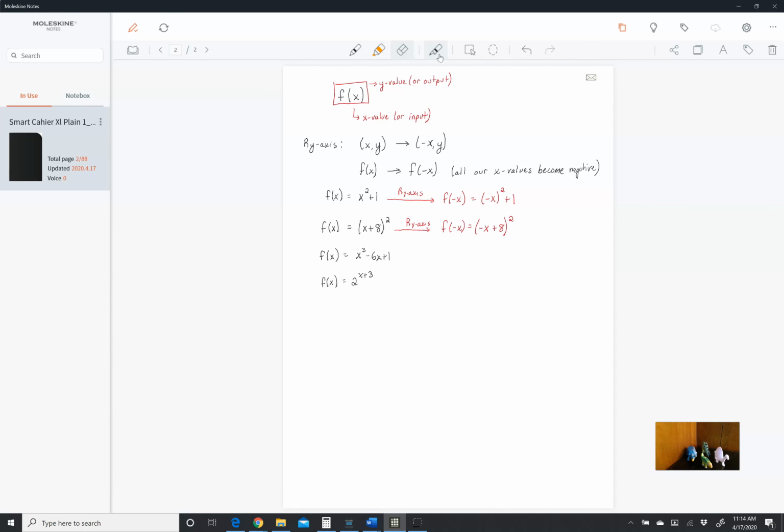So we'll do an exponential and we'll do a logarithmic. F of x is equal to log of 6x minus 4. And let's also do a reciprocal function. X plus 2 over x squared minus 6. Okay, and for each of these, we'll find the reflection in the y-axis.